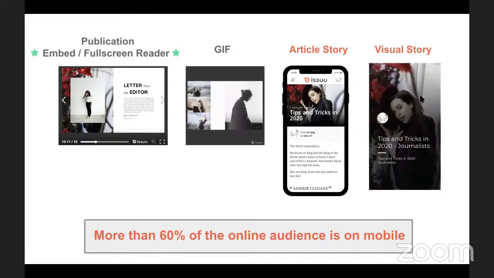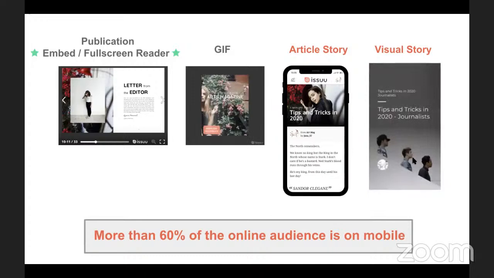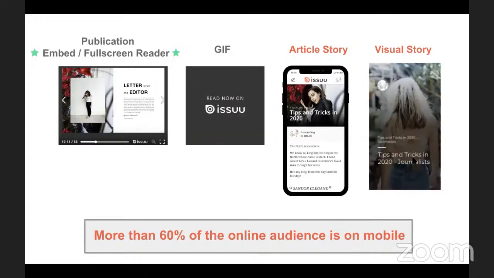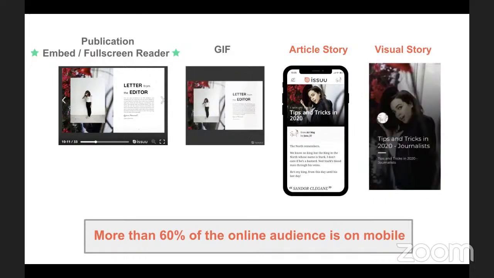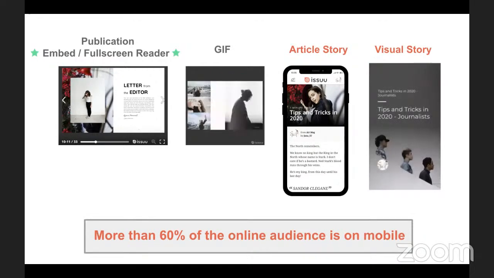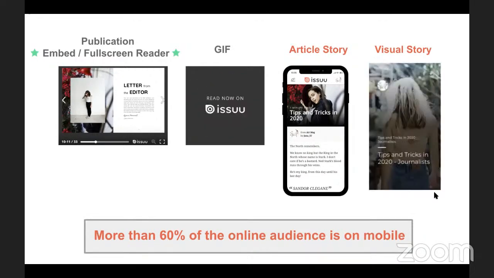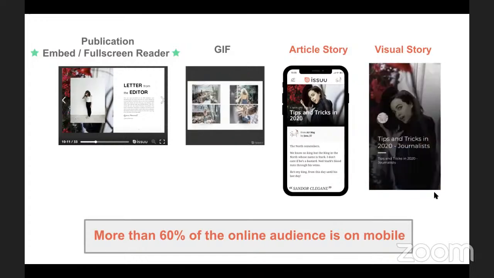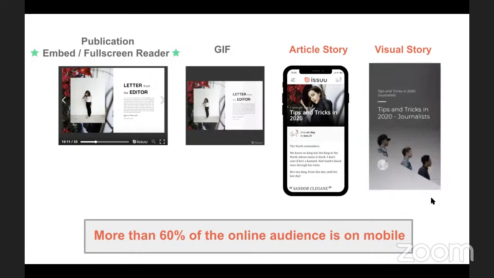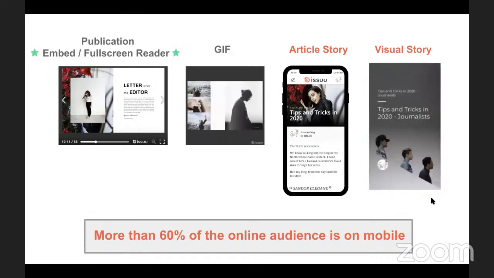A visual story is a format for stories on Instagram, Facebook and LinkedIn. These are very good videos that you can use for social media. You can also share it just as a link, because both article stories and visual stories work as a link, and these links are also indexed.